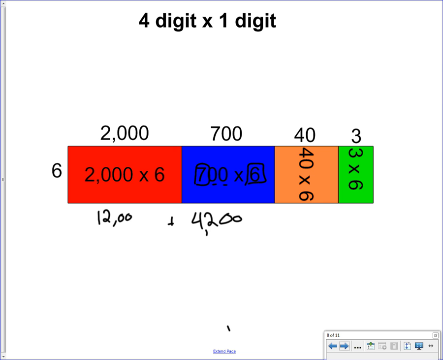I've got 4 times 6, which is 24 with 1 zero. I've got 3 times 6, which equals 18. All right. When I add all of that up, it equals 16,458. Don't believe me? Try it yourself.